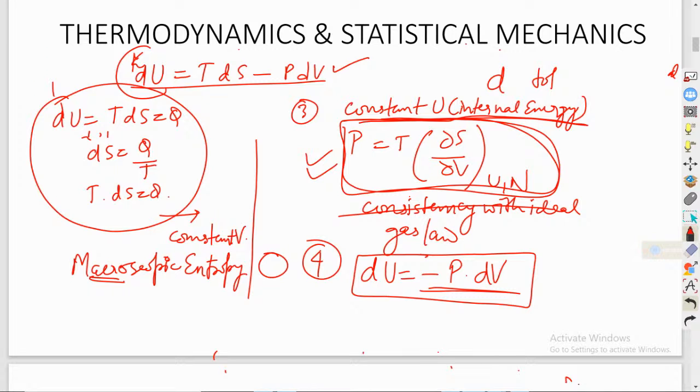Okay. So this is an adiabatic process. Always remember, this is an adiabatic process. Sometimes students are confused about what adiabatic processes are. If you see this type of equation in which minus P dV stands, these are adiabatic equations. Anywhere you obtain this type of equation, these are adiabatic processes.